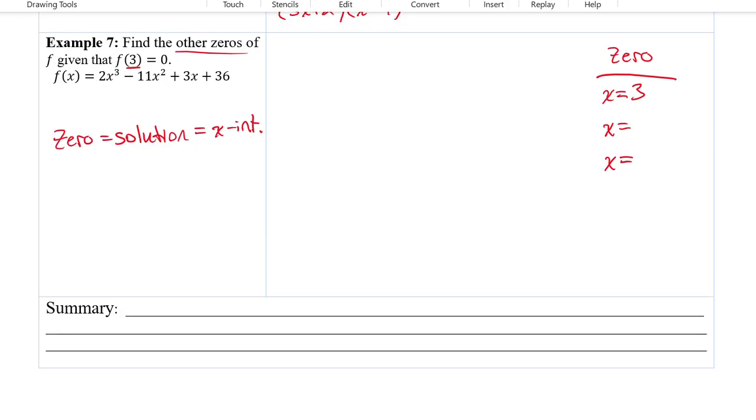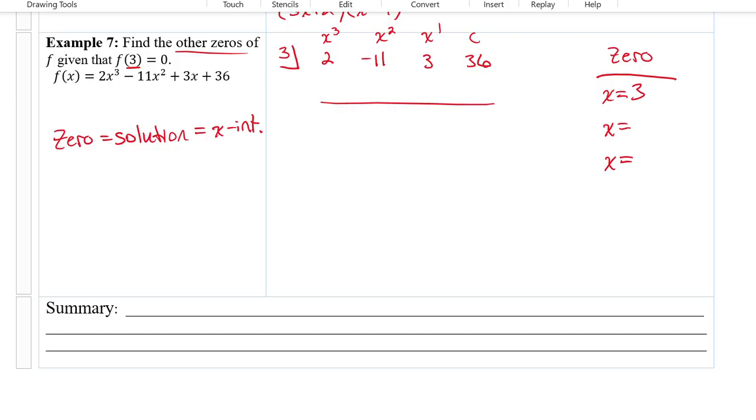Now I know one of my box numbers for synthetic division. It's 3. Then I can set up synthetic division with this big polynomial f of x, where it's 2x to the third, negative 11x squared, positive 3x to the first, and then a constant of 36. And I can do my synthetic process with a box number of 3.